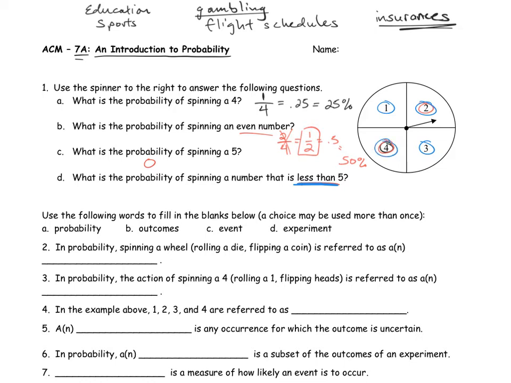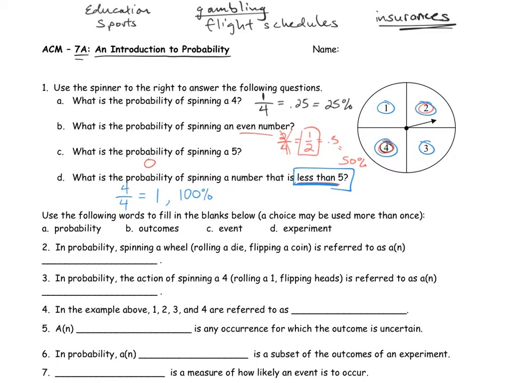They're all less than 5, so we have 4 outcomes that fit this scenario, out of 4 possible outcomes. Well, that's 1. So this has a probability of 1, or it's a 100% chance that it happens.